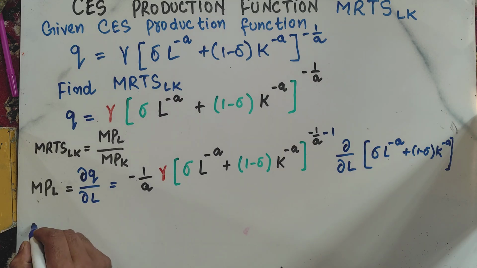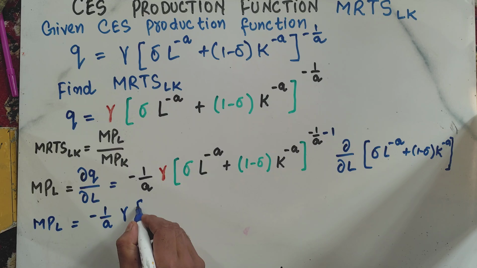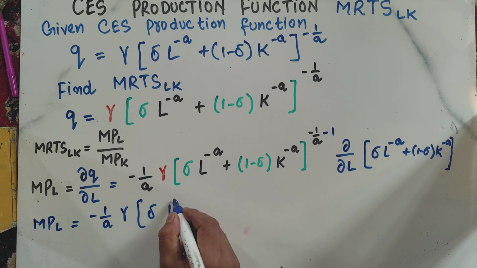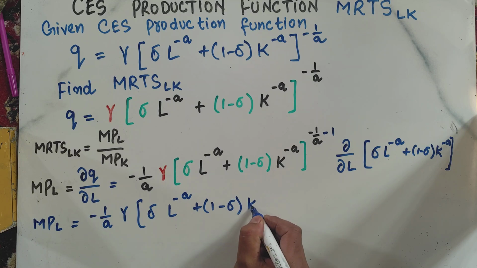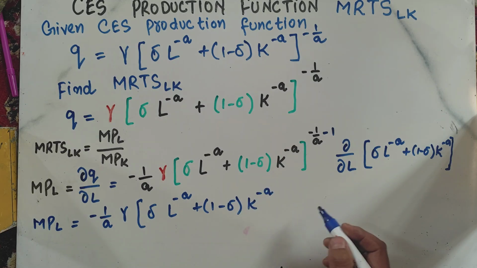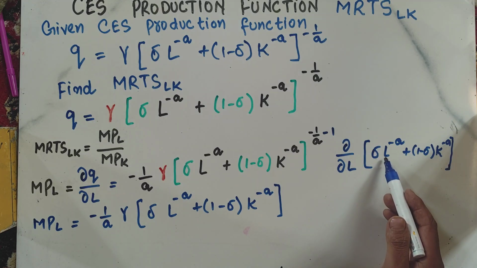That gives us marginal product of labor will be equal to, so we have negative 1 upon A, then we have this gamma, then we have delta L raised power minus A plus 1 minus delta K raised power minus A, times, now we need to differentiate this partially with respect to L. So L is here.